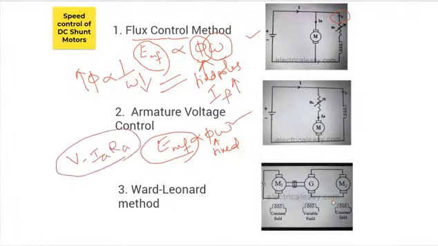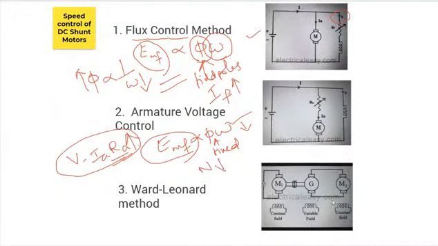So if I vary my resistance value, what will happen? By varying my resistance, the voltage drop here is increased. So my EMF value will also decrease. So obviously my speed will decrease. This is how the speed is reduced.